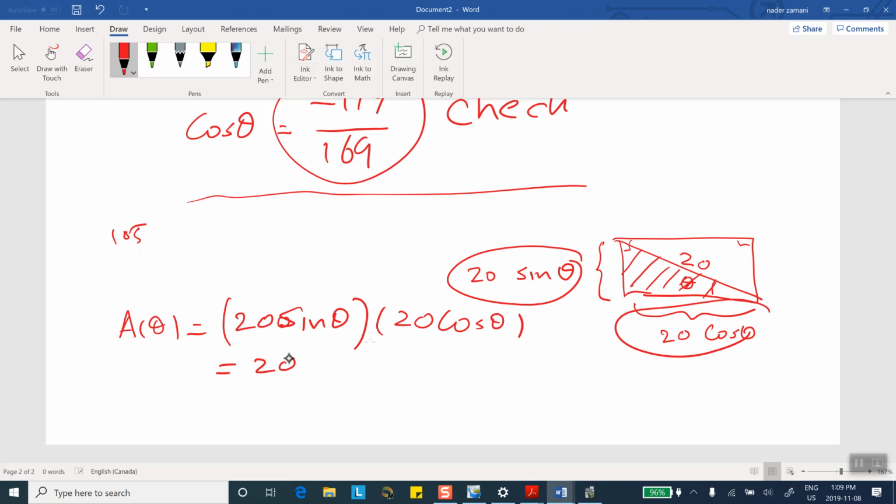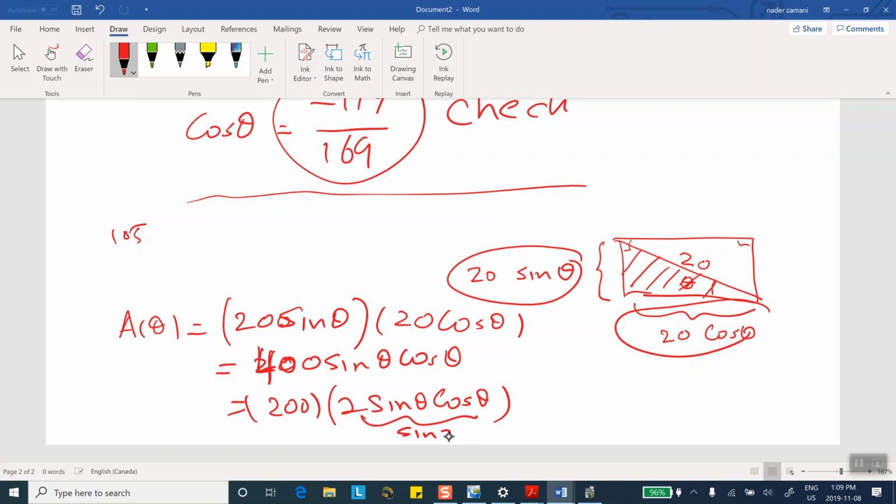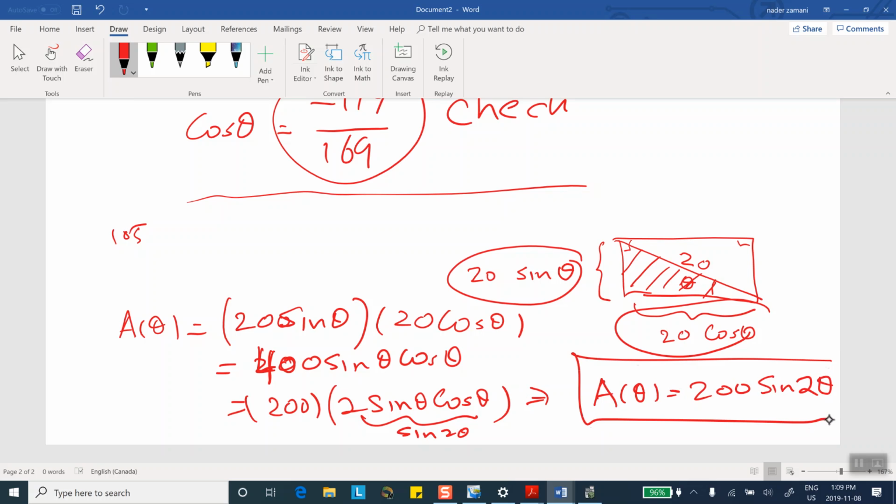This is 400 sine theta cos theta. But we know that 2 sine theta cos theta is sine of 2 theta. The moral of the story is area is equal to 200 sine 2 theta, just like what I was asked to show.